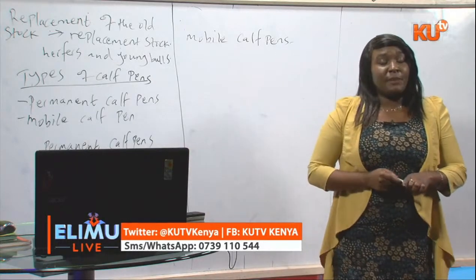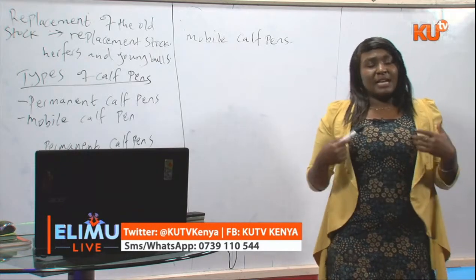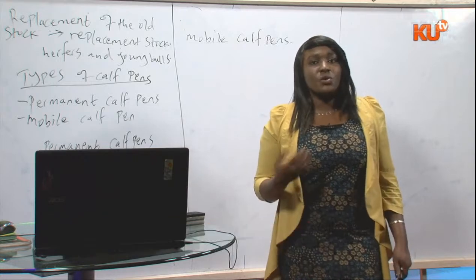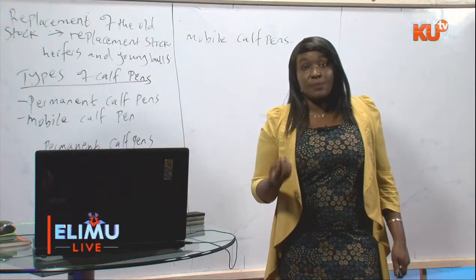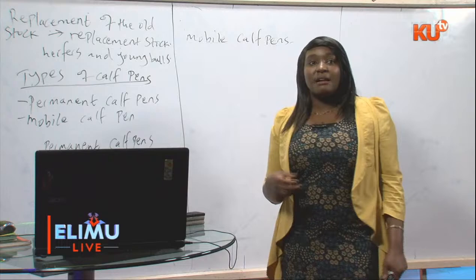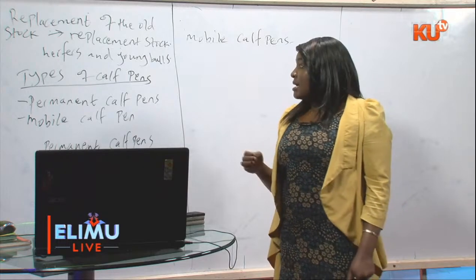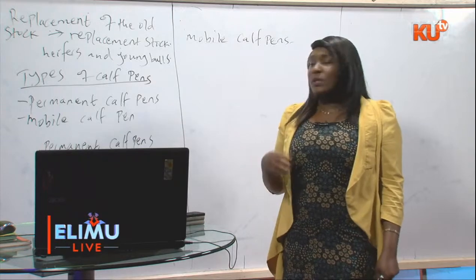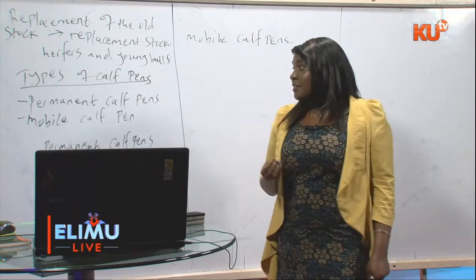For the permanent calf pens, maybe a disadvantage you can talk about is that you require materials that are a bit expensive to construct, like the sand, the ballast and the cement to make the concrete ones. That makes it a bit expensive.